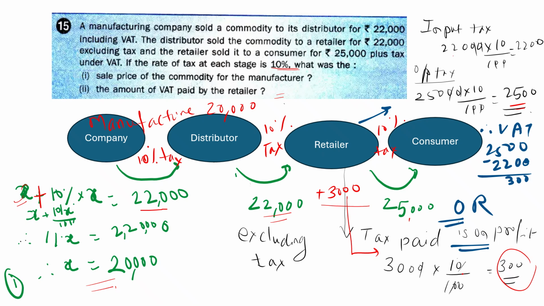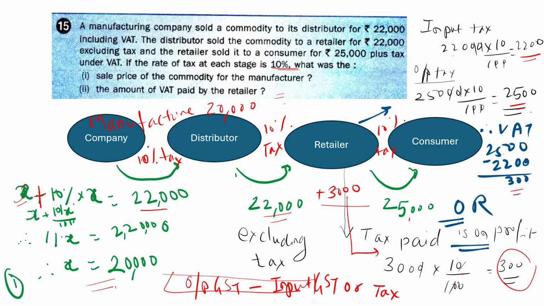Input tax on 22,000 will be 2,200. So the difference between these tax liabilities, 2,500 minus 2,200, you will get 300. Got the concept? What is the tax payable? Output GST minus input GST, or you can say directly tax on profit.